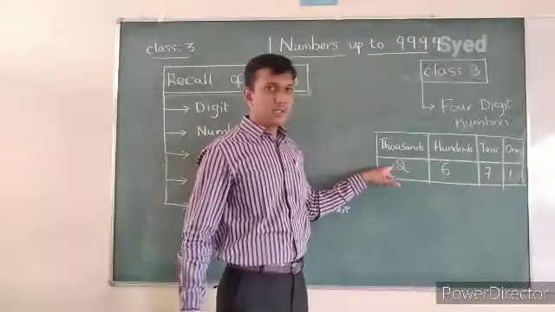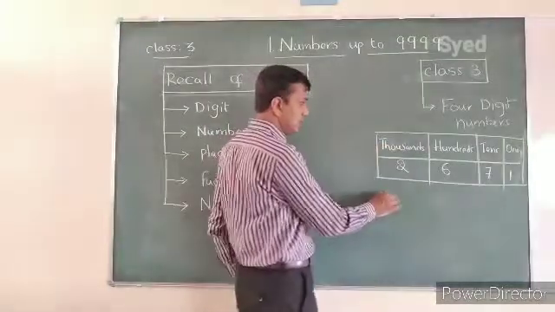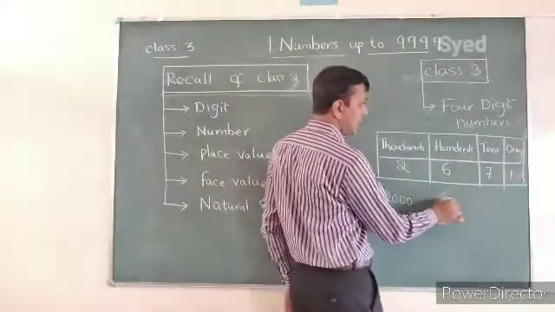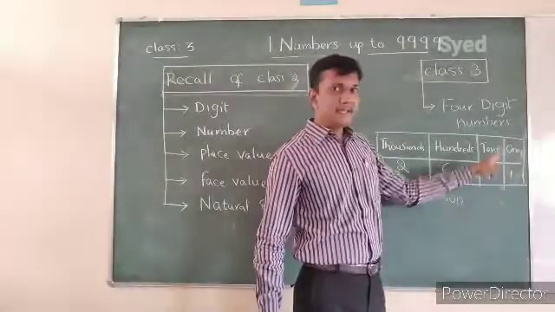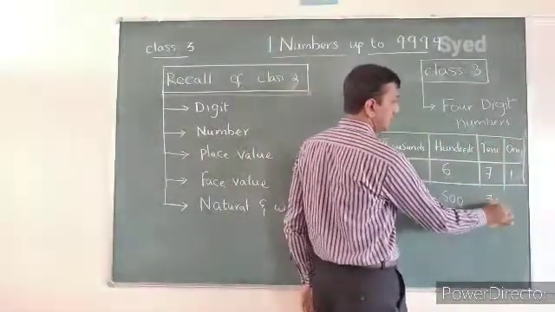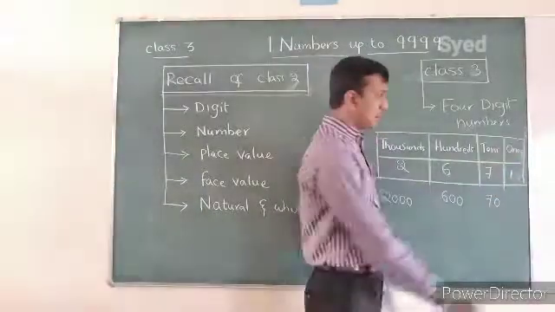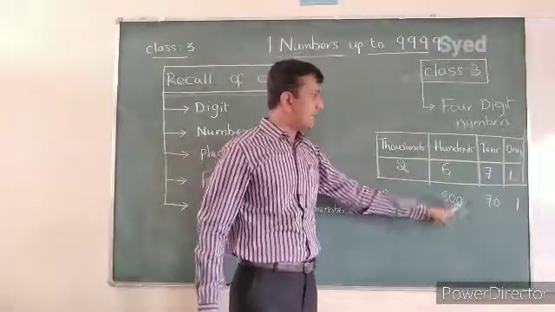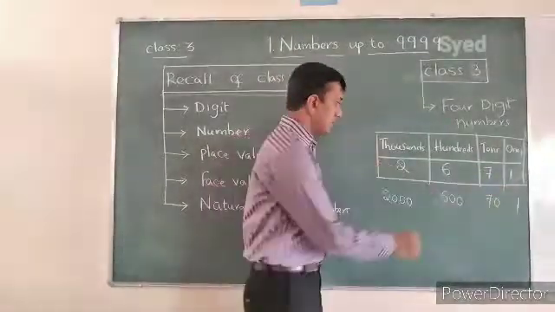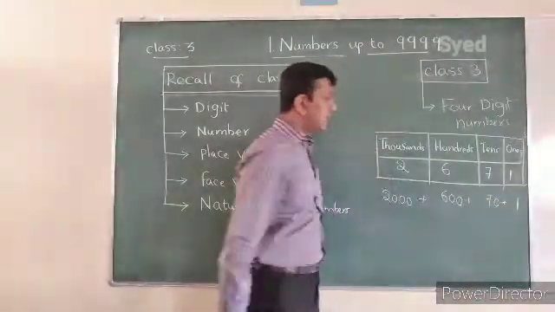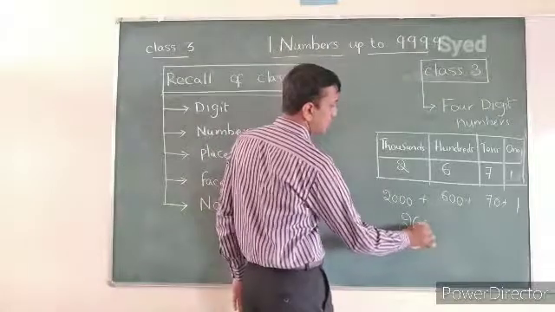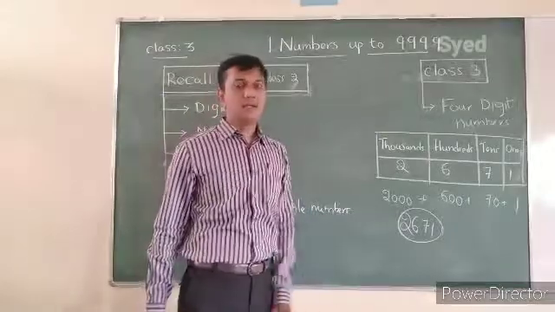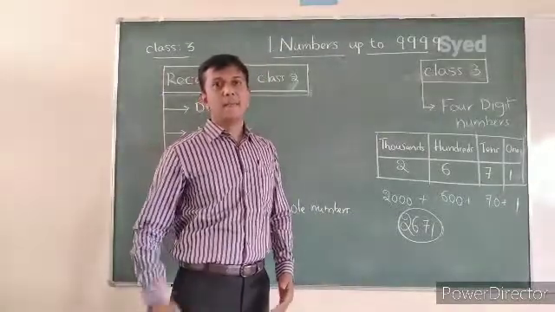That means 2 is in thousands position, that's why it is called 2000. 6 is in hundreds position, 600. 7 is in tens position, 70. 1 is in ones position, 1. All these 4 numbers added together will give us the total of 2671. Okay. So this is what we have learned. Yet more to come in the next class.